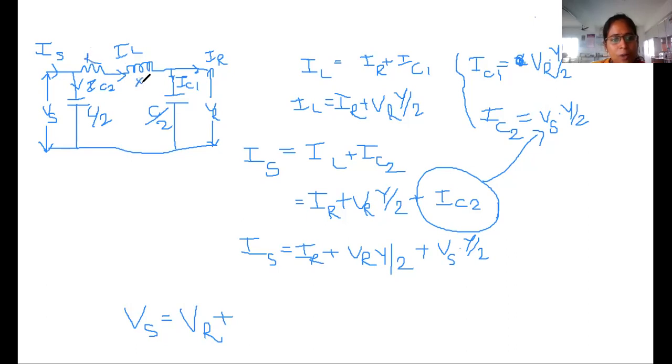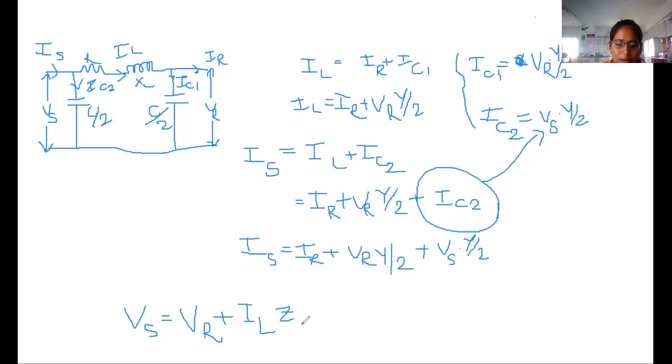In that line, the current IL is flowing, so the drop is IL into Z. Z is nothing but R plus jXL in complex form. Here only the constant parameters Z and Y are there. So Vs equal to VR plus IL into Z.